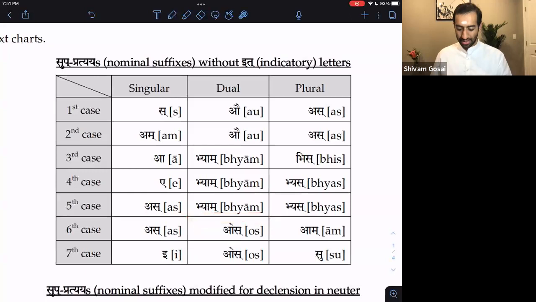Atmabhyam, Atmabhyaha, Atmanaha, Atmanoho, Atmanam, Atmani, Atmanoho, Atmasu.